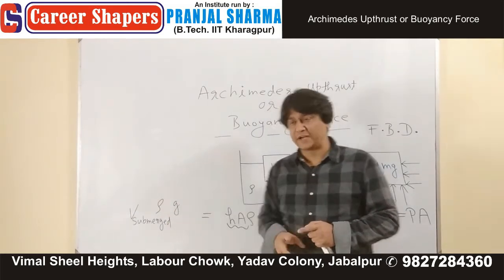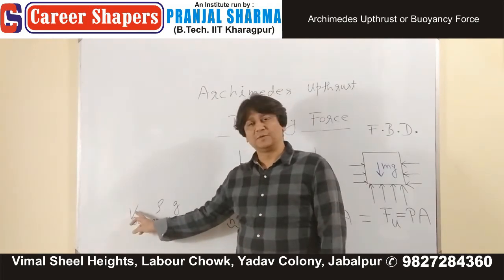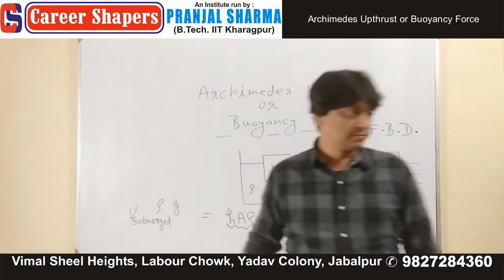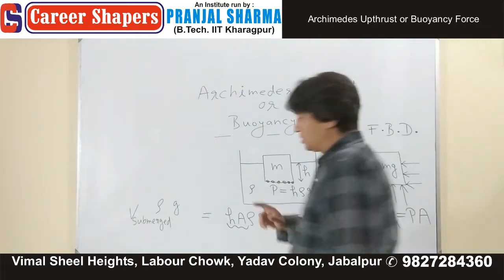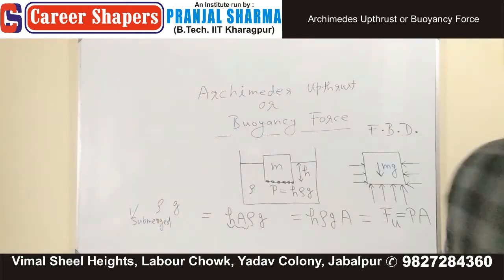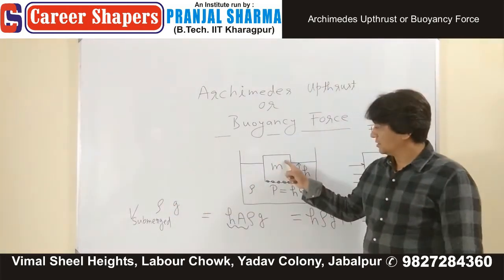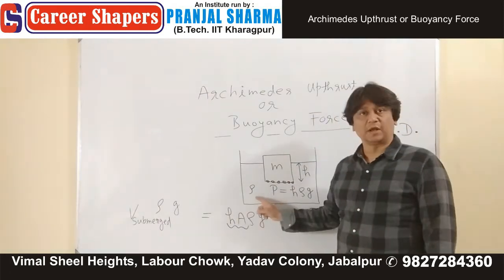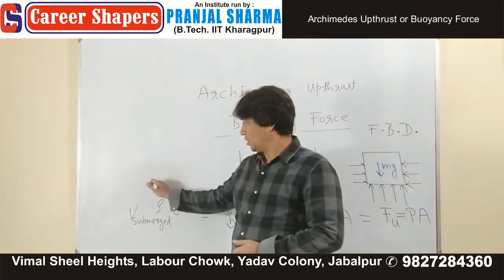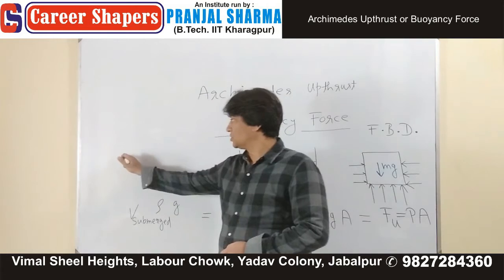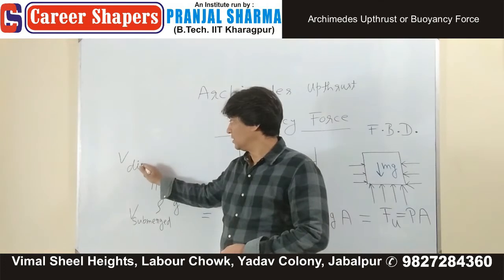Now, we'll write all these statements later on, but look at this part. Can I say volume submerged into density is mass? And the answer will be no. Why not? This volume submerged is volume of the object, whereas rho is density of the liquid. But I can say this, volume submerged is also same as volume of displaced liquid.